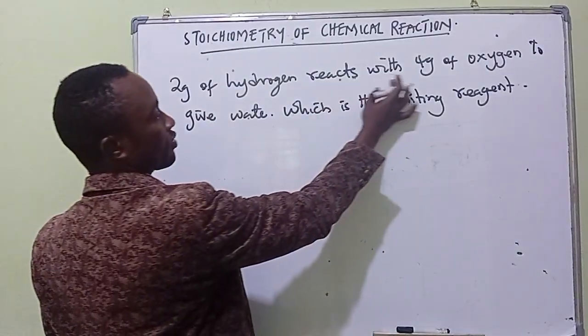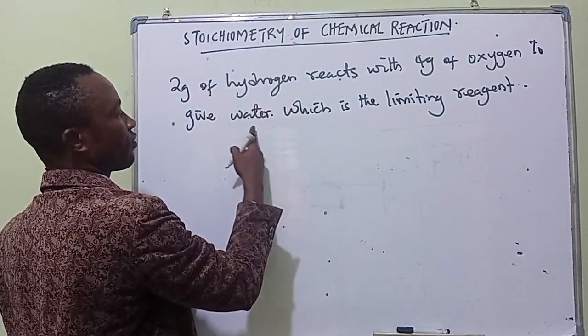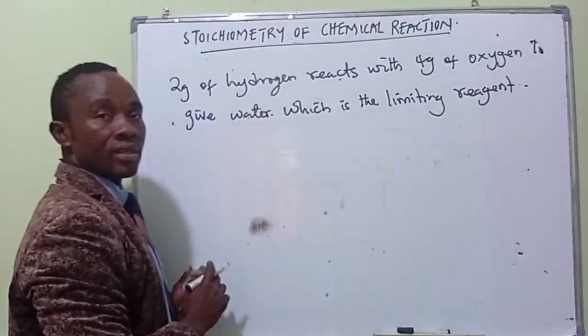So you can see it, 2 grams of hydrogen reacts with 4 grams of oxygen to give water, which is the limiting reagent.